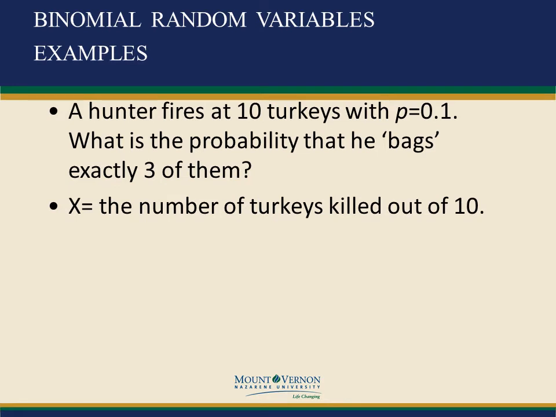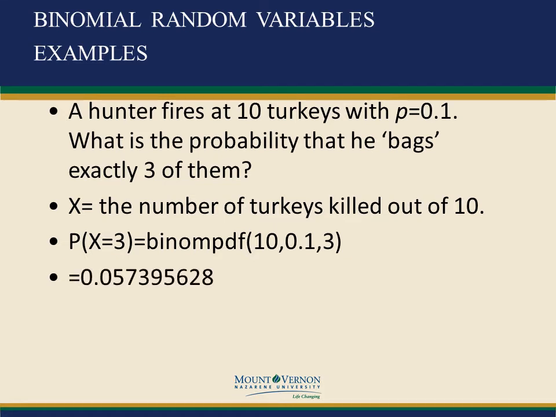The random variable itself is defined as the number of turkeys killed out of 10. And the symbols that we'll use is P of X equals 3. And the thing I'll type into my calculator is binom PDF 10, 0.1, and 3. The probability ends up being 0.057395628.